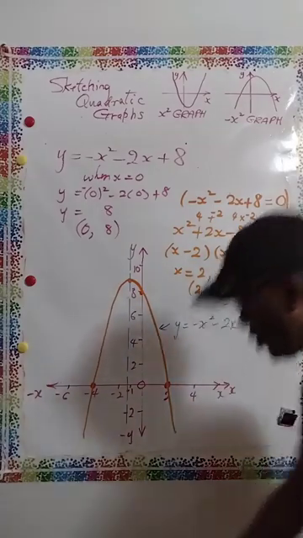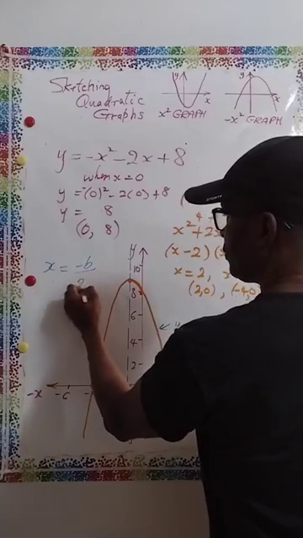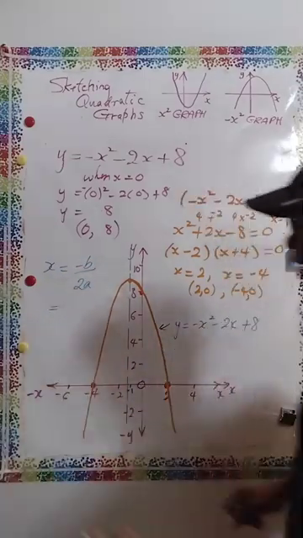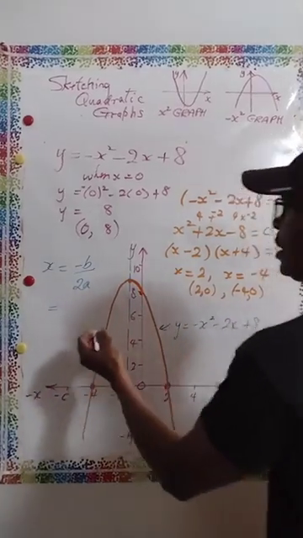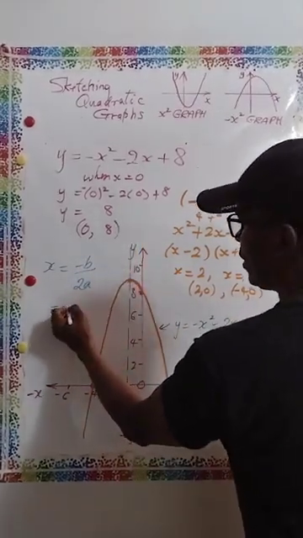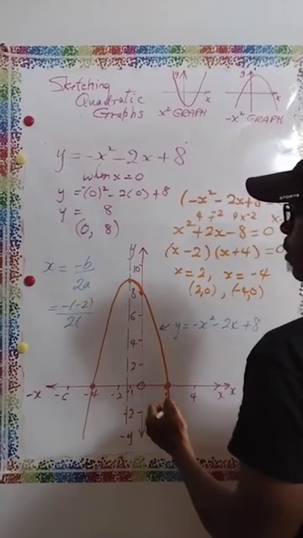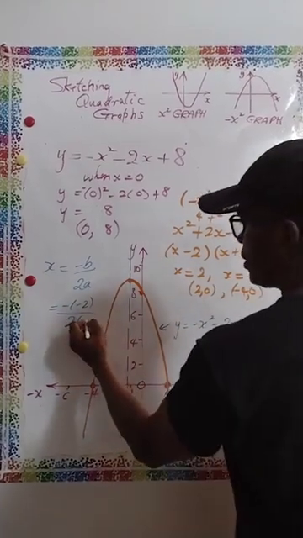Also, you could have used x equal to negative b over 2a, and plug in your values to find your axis of symmetry. And b is what? b is negative 2. So you'd have minus negative 2 over 2 times a, which is negative 1.